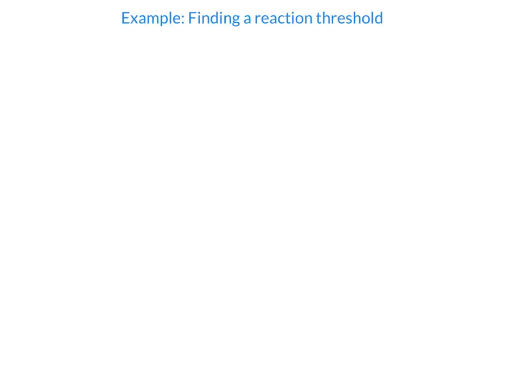So let's consider an example of a collision problem. Let us find a reaction threshold for the production of a proton-antiproton pair in a proton collision. So let's assume we have 2 particles, a proton and another proton. One proton is at rest in the lab frame, it's just a target, and the other proton is incident with some momentum and energy.